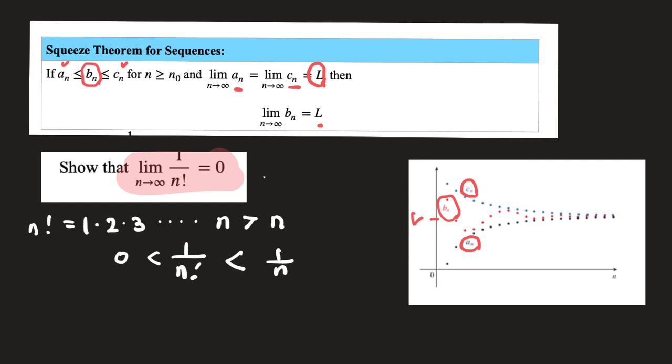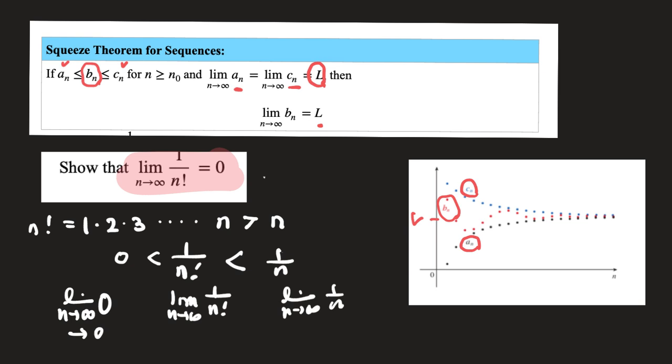So let's take a limit. The squeeze theorem says: limit as n approaches infinity of 1 over n factorial, limit as n approaches infinity of 1 over n, limit as n approaches infinity of 0. 0 is always 0, no matter what; it doesn't matter that n goes to infinity. So the first term is 0, the second term is 0, the third term is 0.